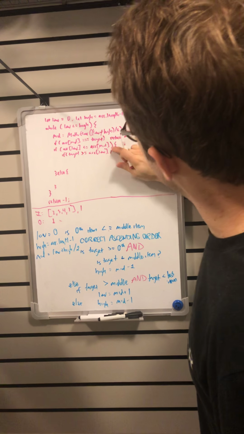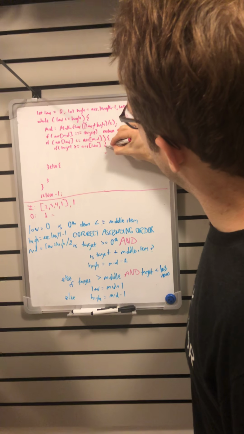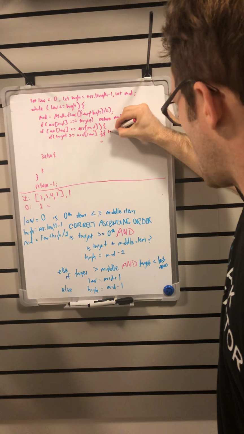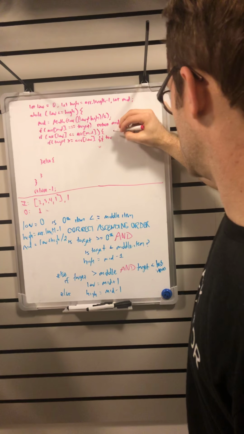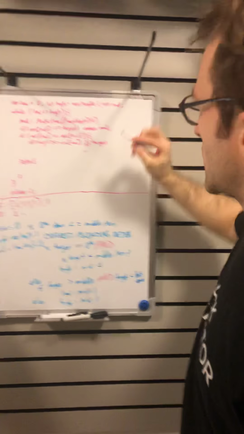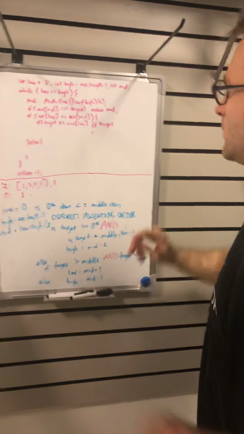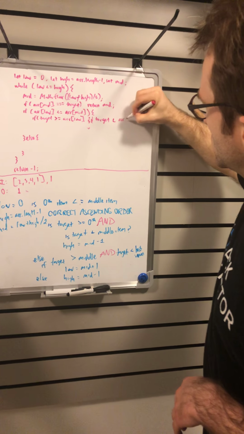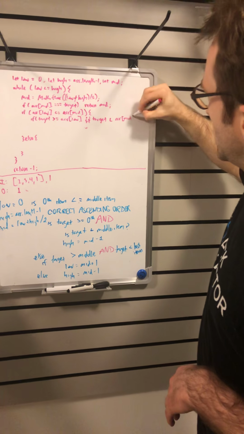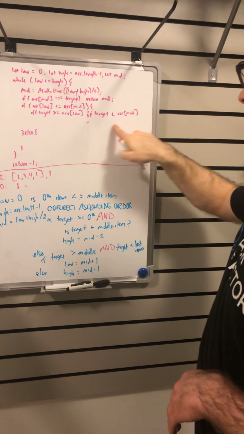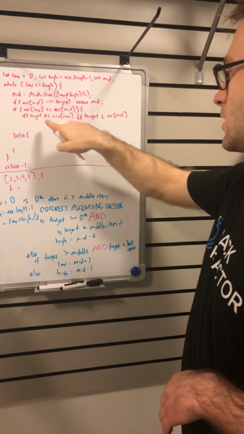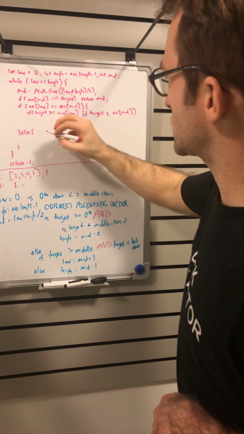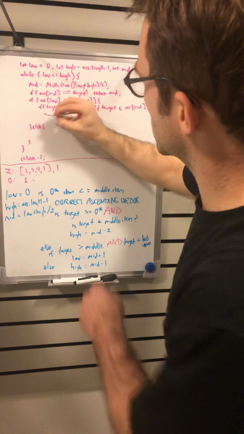But let's put in the other condition, the and: two ampersands, and we say, is the target less than the middle item? Because we're trying to pinpoint the lower bound. It is less than the middle element, but the target isn't greater than the lower item. So we have another else condition in here.